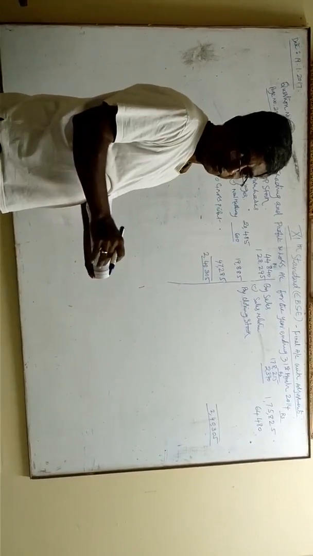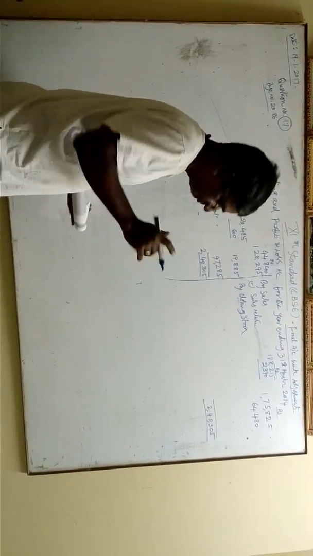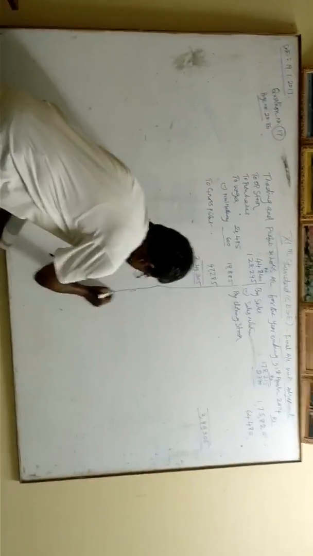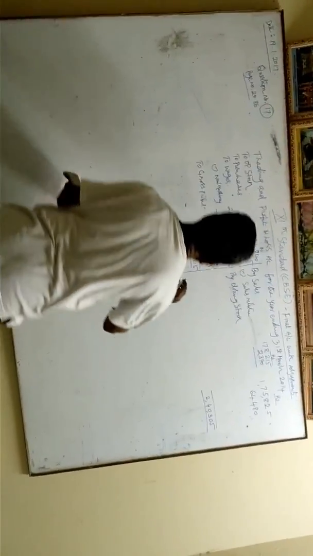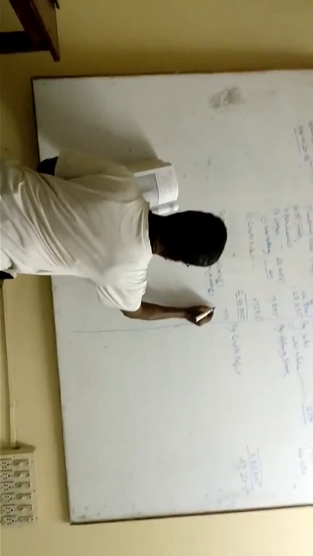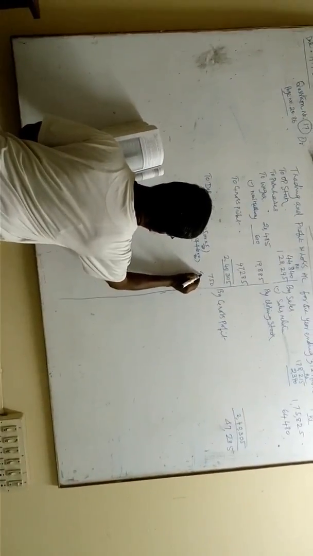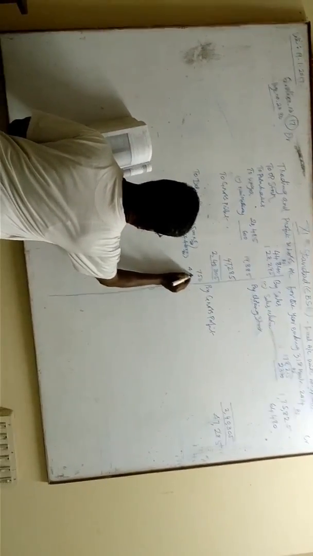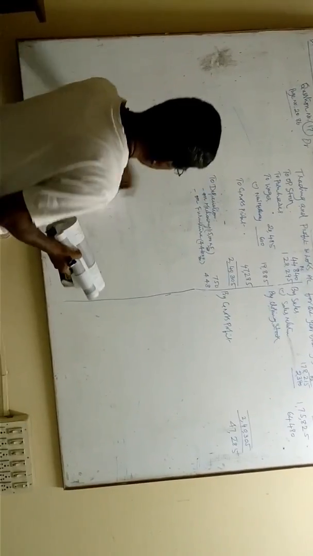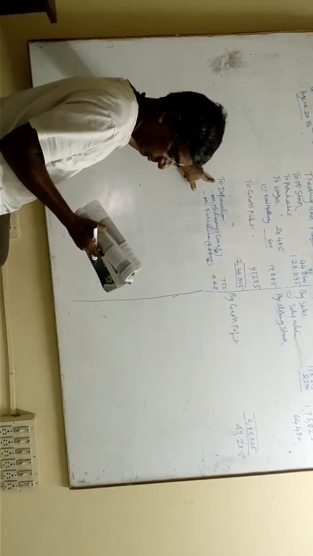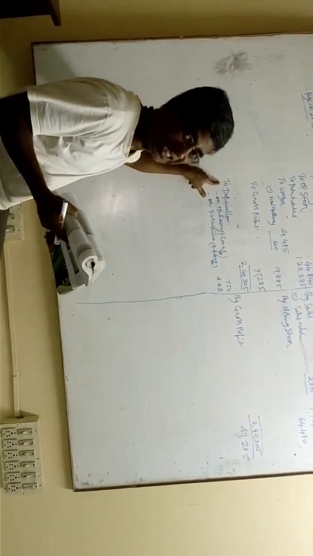Now we are continuing with the profit and loss account. Here depreciation. Depreciation on machinery is calculated.